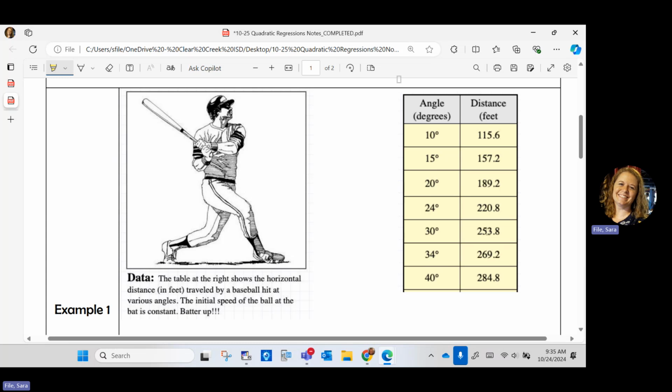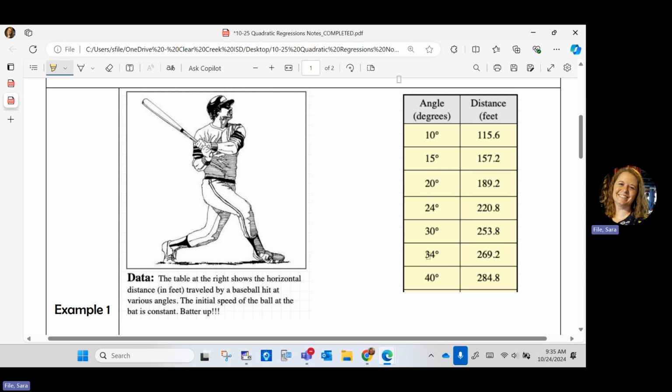So if we think about that rocket example, or here a baseball example, a lot of our quadratic regression models are going to be projectiles. Okay, projectile motion is quadratic. You've got objects that once they go up, they must come down, right? They follow this path.